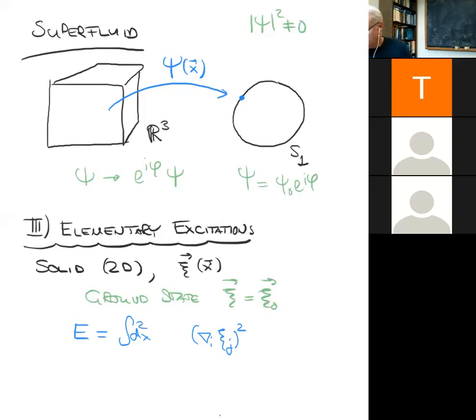Now, in principle, it could be a function of the square of the gradient of the order parameter field, and that could contain arbitrarily nonlinear terms. But if you're close to the ground state, we imagine that whatever variation of the position of the atoms you have is slow.